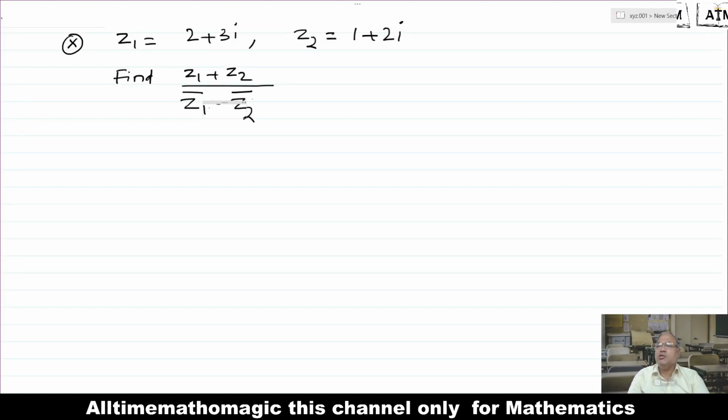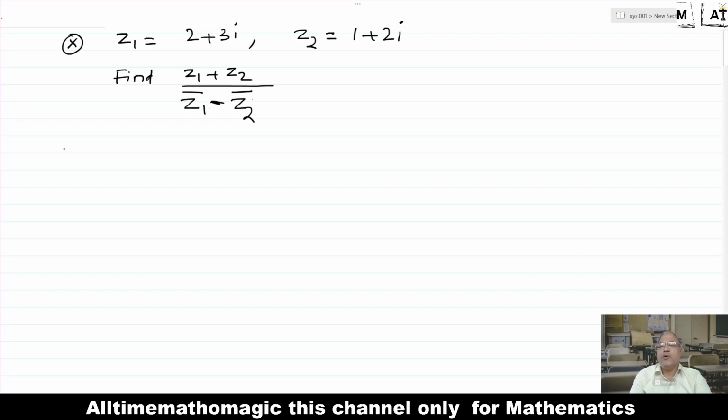We need to find Z1 plus Z2 upon Z1 bar minus Z2 bar. So in this problem, addition, subtraction and division are involved. Of course, multiplication will also be involved to simplify the problem.